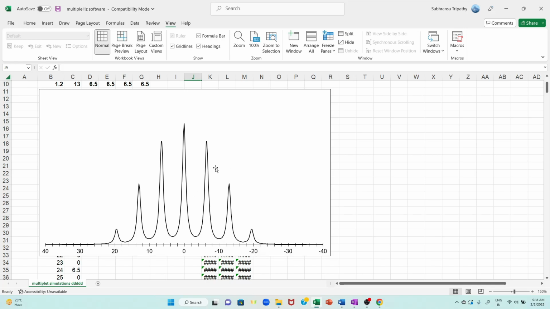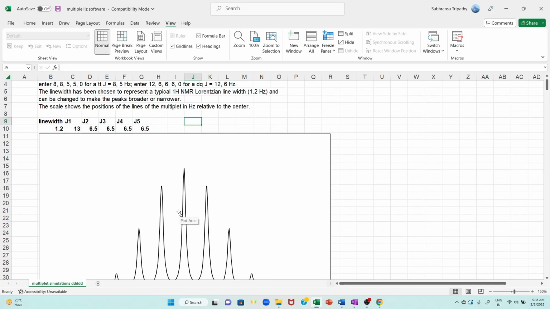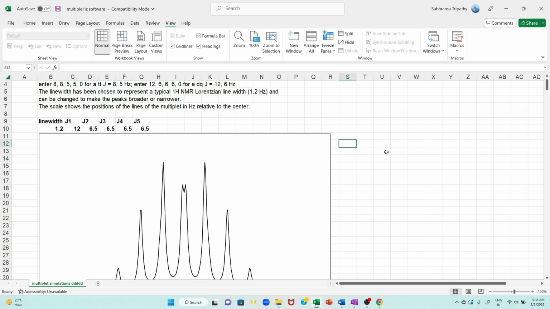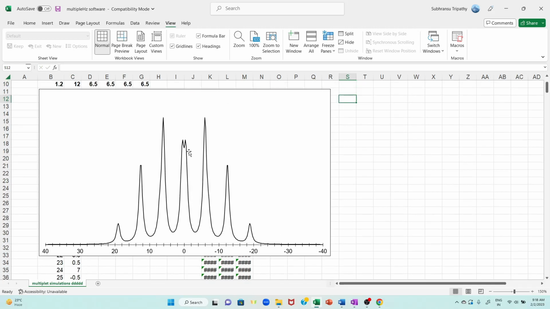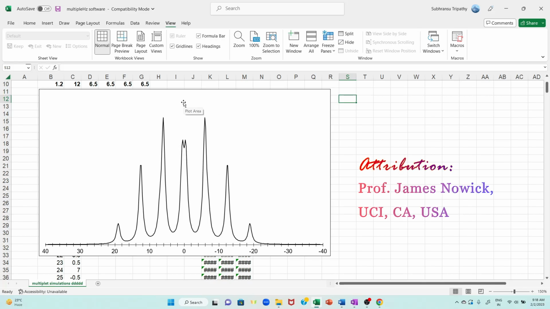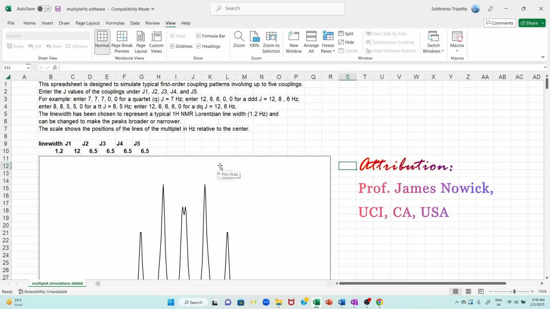It will be a clean 7 lines. That is not what you are getting. Even supposing it is not half, supposing it is 12 and others are 6.5, the middle peak is of lower height than the outer peaks. But you are not getting that, the middle peak is the highest one. So the possibility of DP is ruled out.